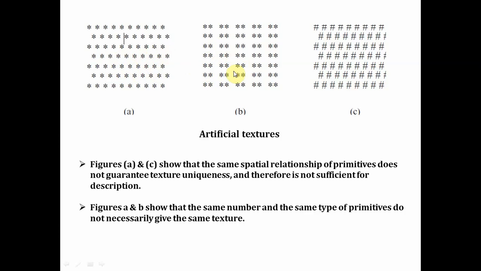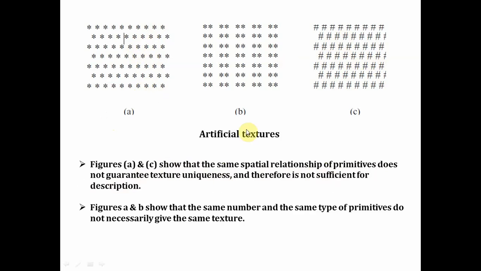Okay, similarly, if you have the same kind of spatial arrangement, you still won't be able to offer a similar kind of texture because you are using a different kind of pattern. This is a hash pattern, this is a flower pattern. So figures A and C show that the same spatial relationship of primitives does not guarantee texture uniqueness.